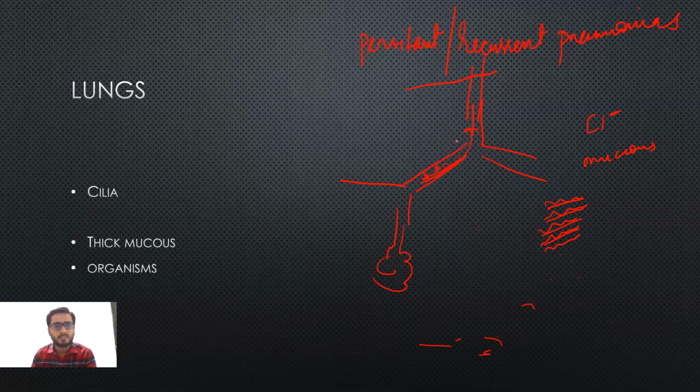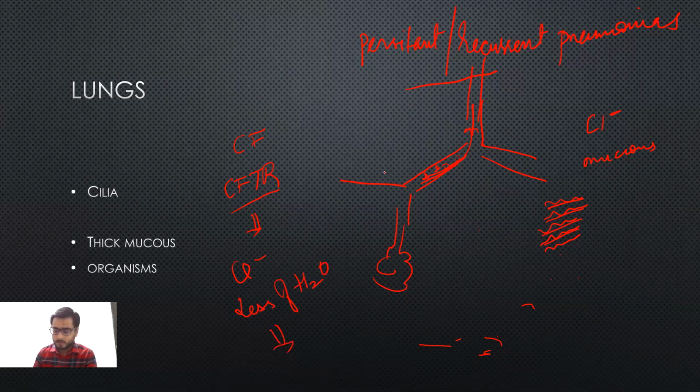Now what happens in cystic fibrosis? Due to CFTR gene mutation, there is abnormal CFTR protein, or absence of this CFTR protein. There is no chloride transport and less water transport into the airways. So everything is moving inside these cells: excess sodium, excess chloride which is not moving out, and water.